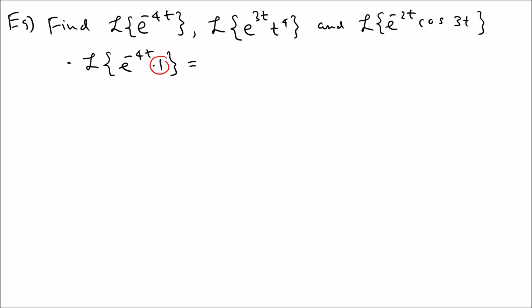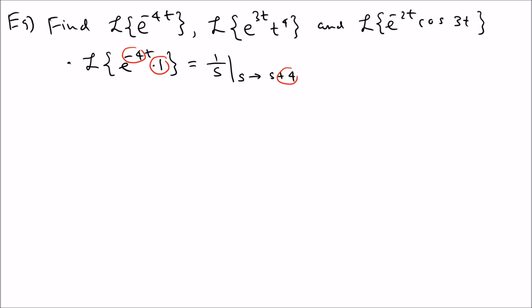The Laplace transform of 1 is 1 over s. So we write 1 over s and then do the shifting. Since it's negative 4, you change the sign, so you replace s by s plus 4.